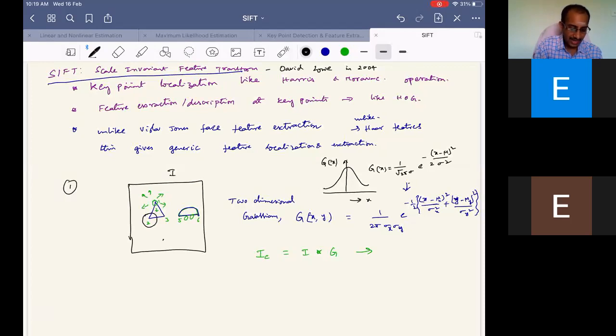If there is a single point here and I apply a Gaussian around this, will that highlight the corner point, or will it take the neighborhood values and smear it? It blurs it. So what it highlights is uniform regions, or smooths out noise.